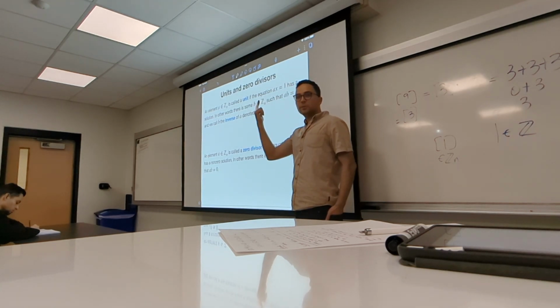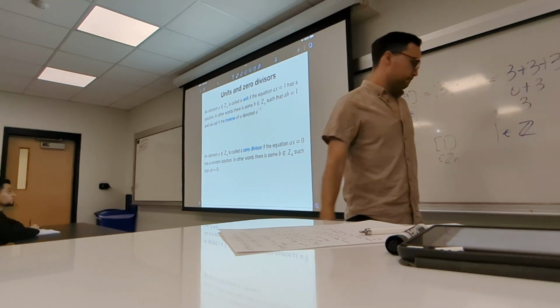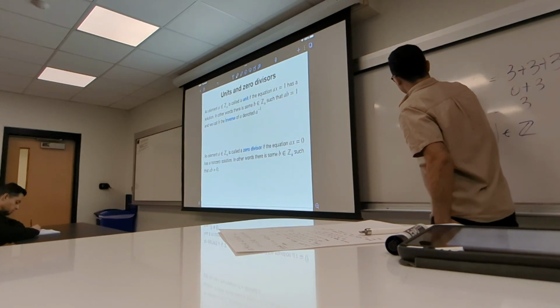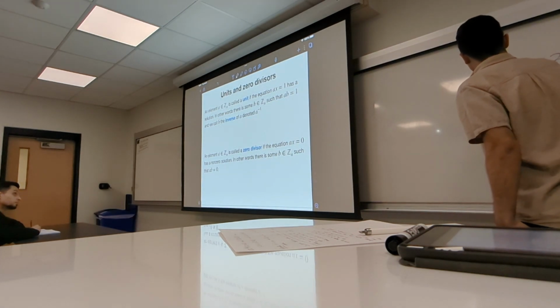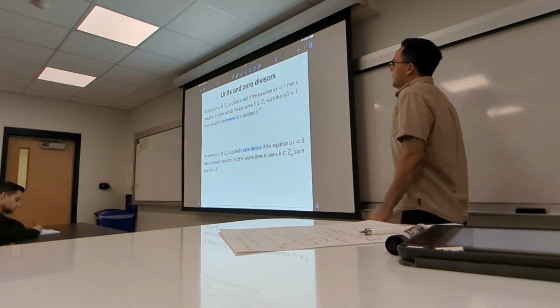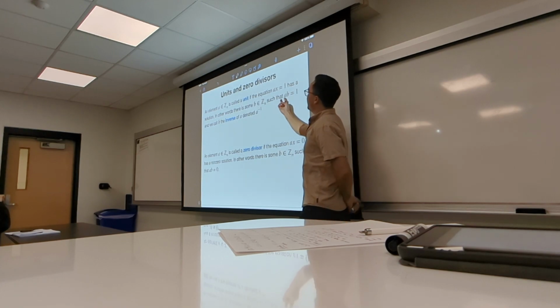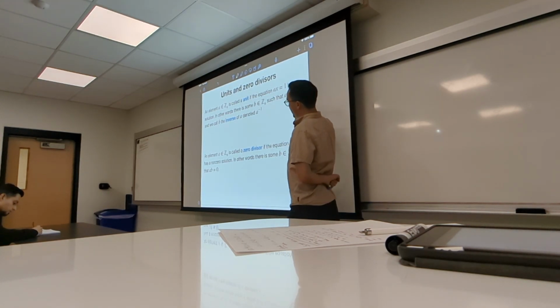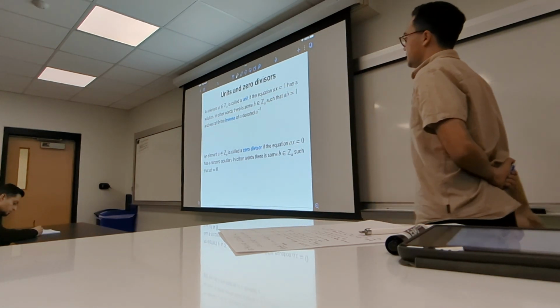Just like we talked about additive inverses, that's the thing we can add and get our additive identity. A unit is the thing we can multiply A by and get our multiplicative identity. That might be another way to translate this.